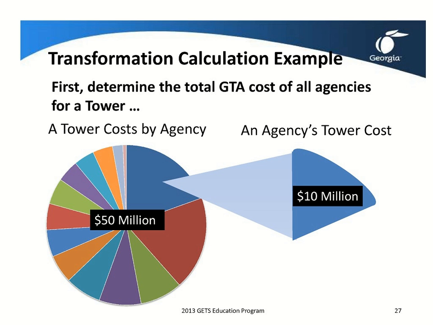Here's the calculation example. First, you determine the total GTA cost of all agencies for a tower, and that's represented here by the pie. In this specific example, the tower is worth $50 million. And then one agency's piece of that pie would be $10 million in this example.